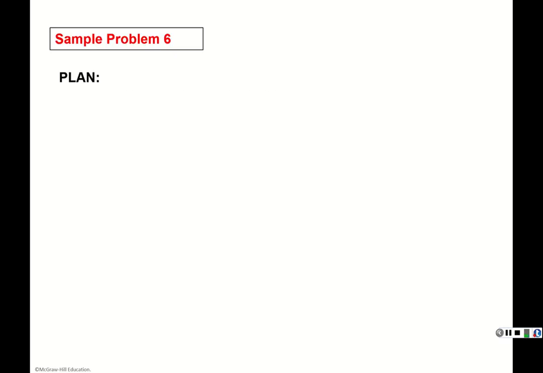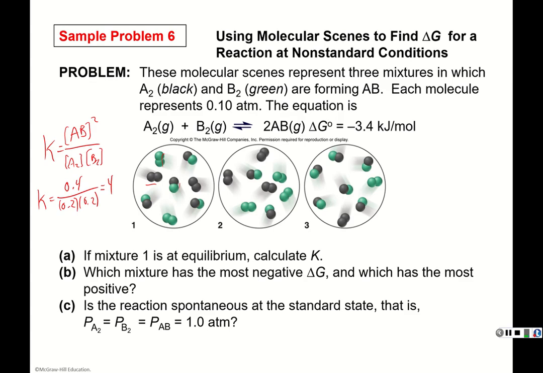So if we go back, we're given our delta G naught, and we found K in the first part. To get a delta G at any conditions, not just standard state, we need to know delta G naught, we need to know K, and we need to know temperature. But that's the one thing we're not given, is a temperature.